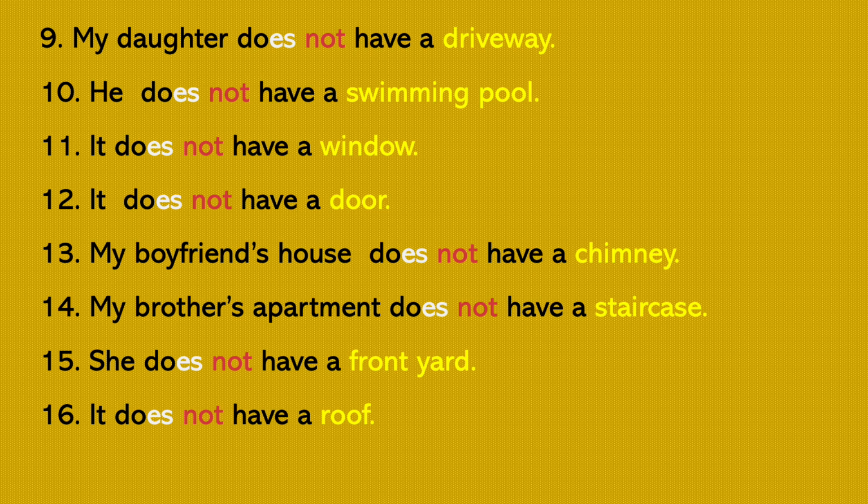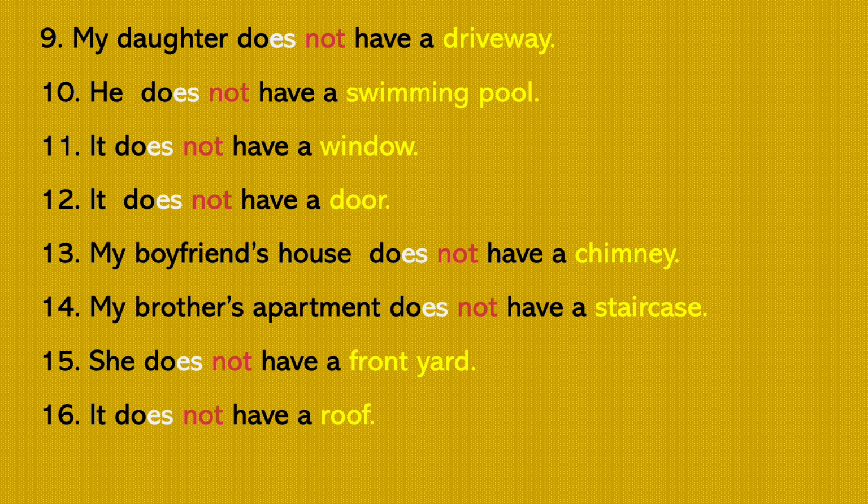9. My daughter does not have a driveway. 10. He does not have a swimming pool. 11. It doesn't or it does not have a window. 12. It does not have a door. 13. My boyfriend's house does not have a chimney.